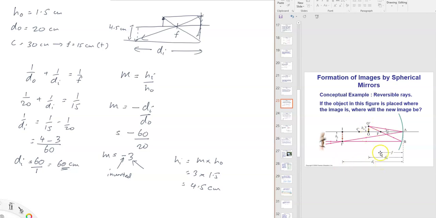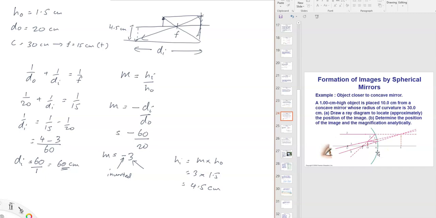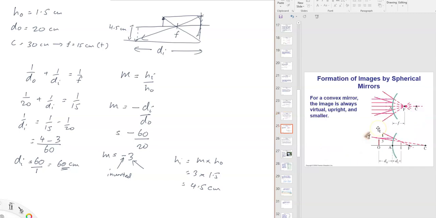Think about this conceptual example. Let me see what's next.